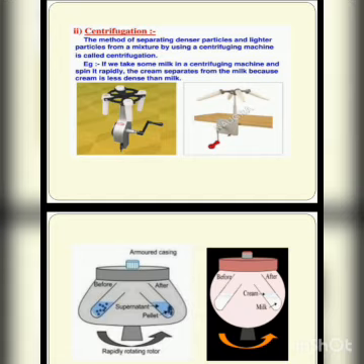Next method is the loading method. The loading method is also used for the separation of insoluble solids from a liquid. Loading is actually a process of increasing the rate of sedimentation. In the sedimentation process that we have already discussed, the sand settles when we leave the mixture undisturbed for some time.